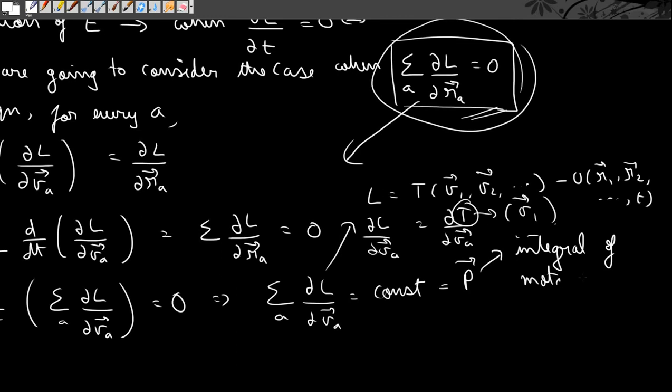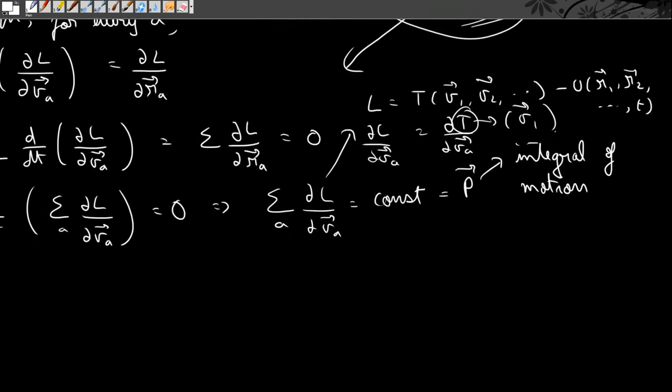as we have defined what an integral of motion is in our introduction lecture on conservation laws. And this I am going to call the total momentum. We are going to define or call this the total momentum of the system.